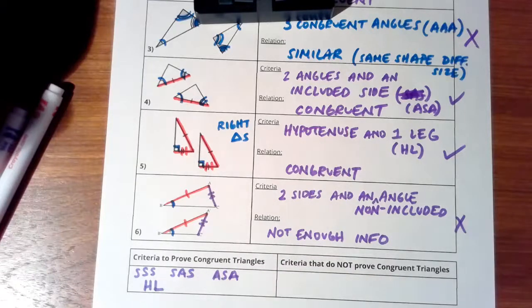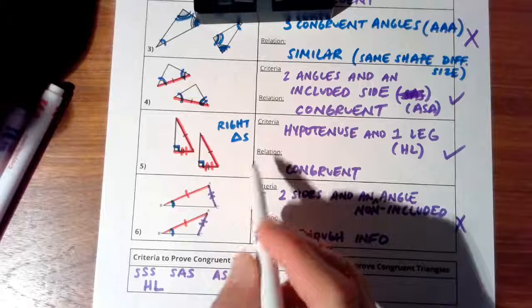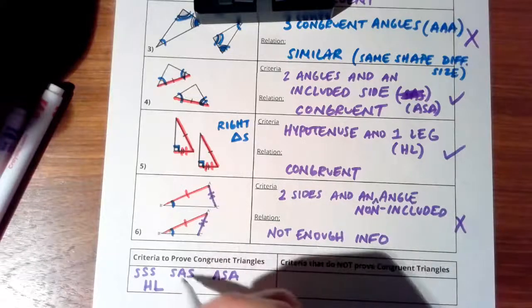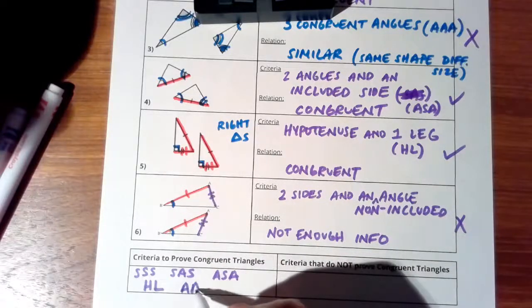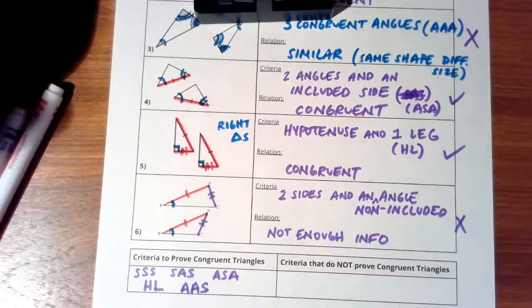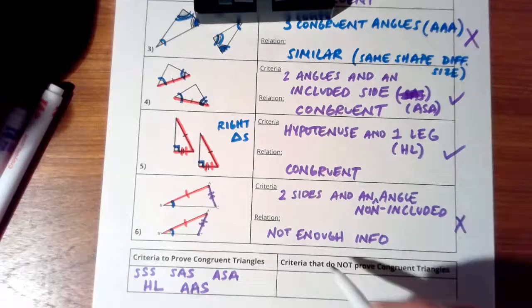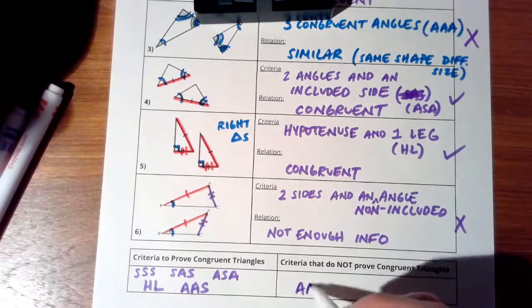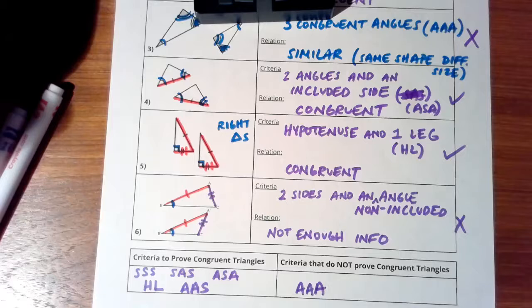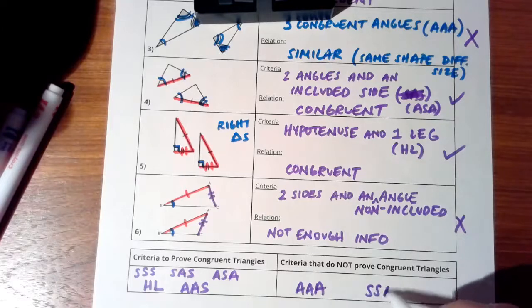And one more that we didn't have on this paper is you can also have 2 angles and a non-included side. That also proves congruence. The criteria that do not prove congruence is if you have 3 angles or 2 sides and a non-included angle.